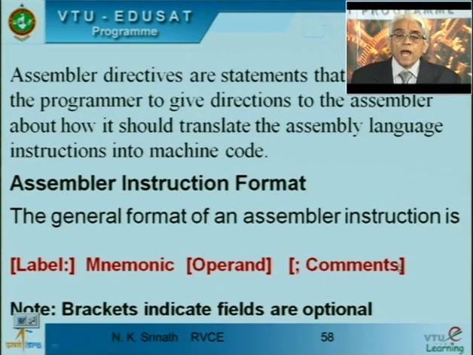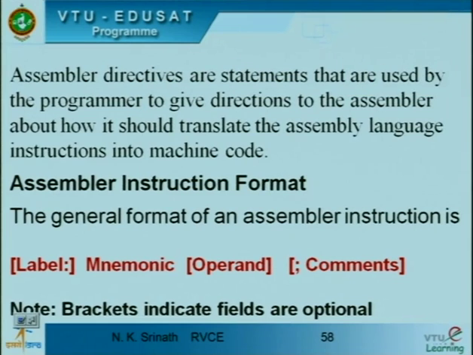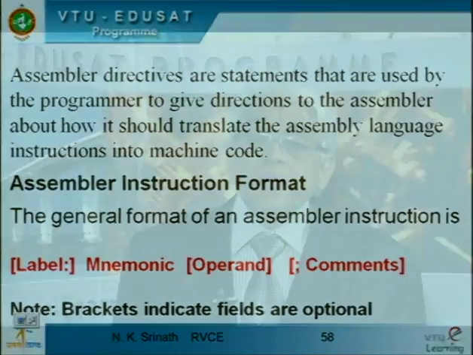In any program that is written, we do not write this square bracket; it is provided only to mention that comments can be given or need not be given. It is a good practice to give comments because it is documentation which enables the user to understand later what you intended that particular instruction to do.